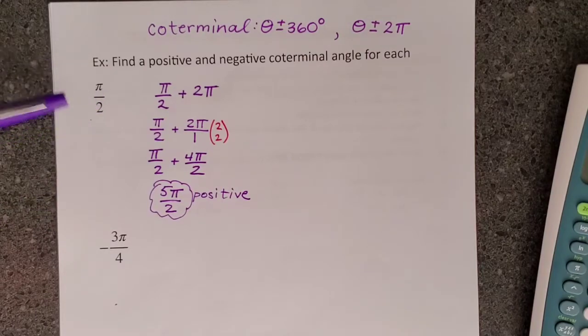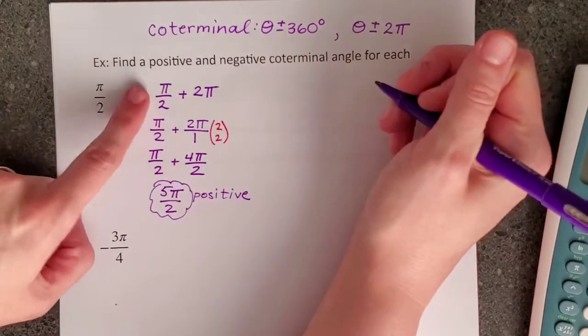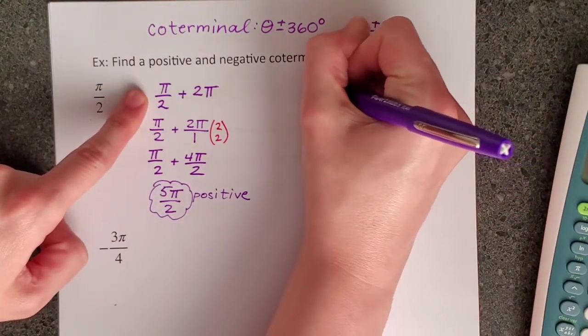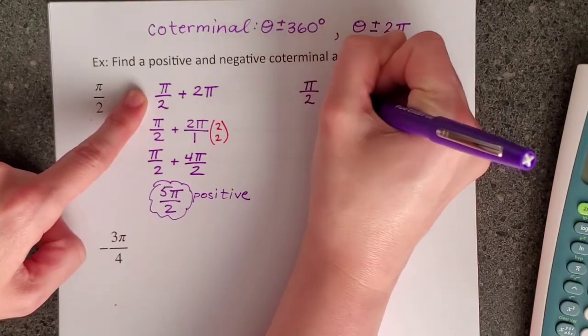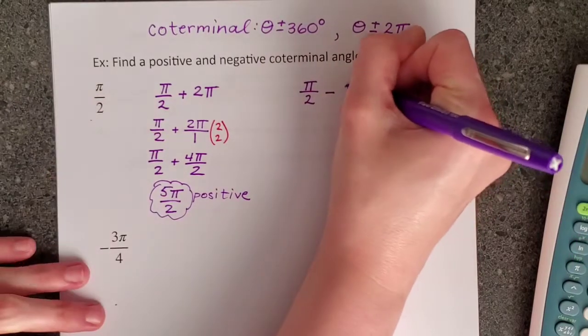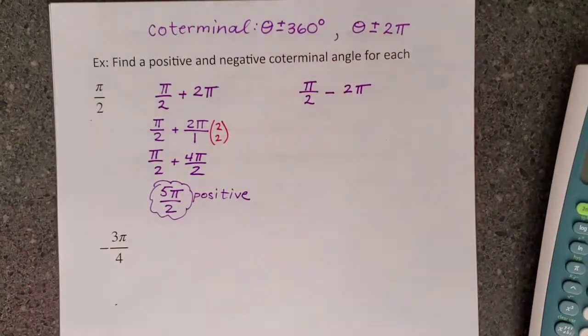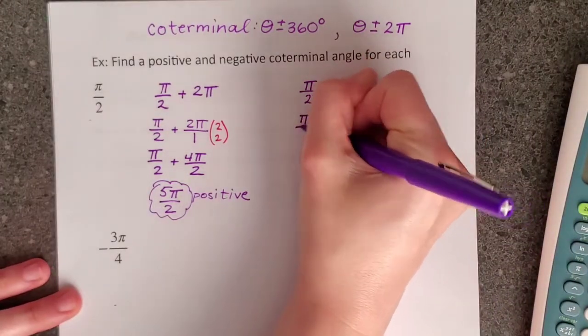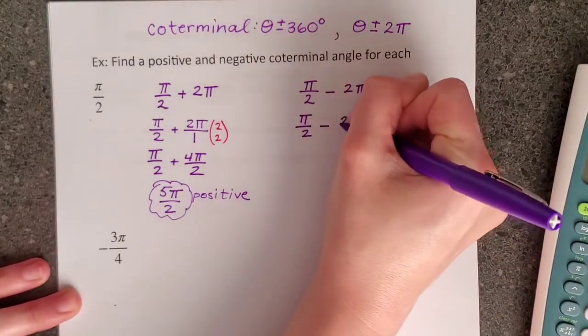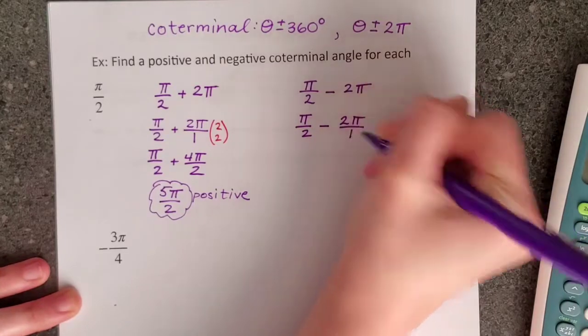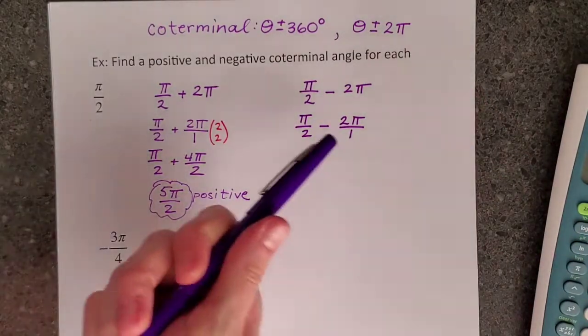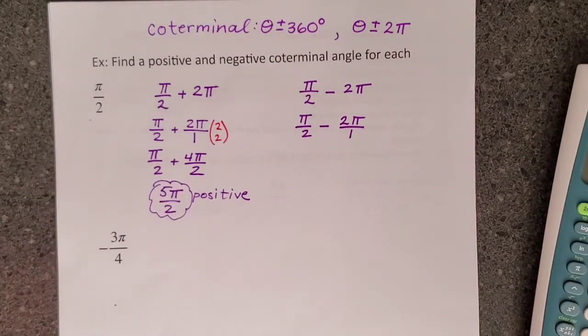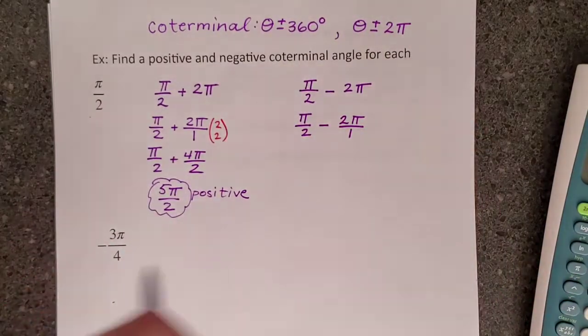To get a negative angle, I will need to subtract. So I'm going to do the same setup here, but subtract. Pi over 2 minus 2 pi. So that's pi over 2 minus 2 pi over 1. This will be the same common denominator situation here.